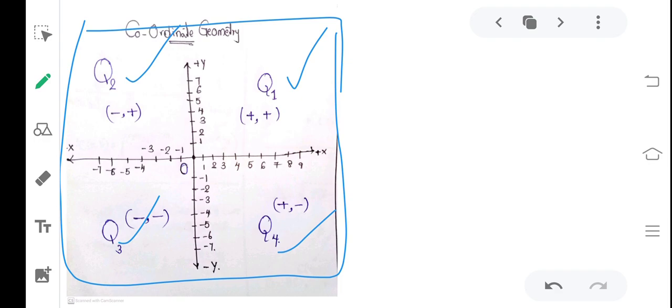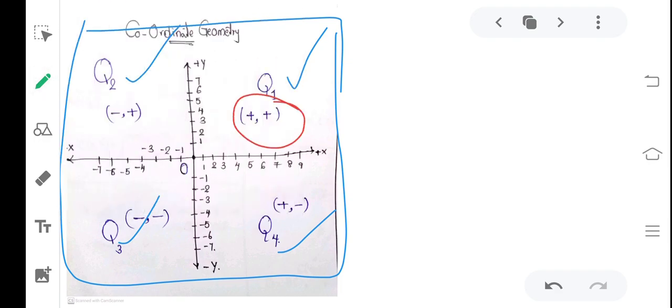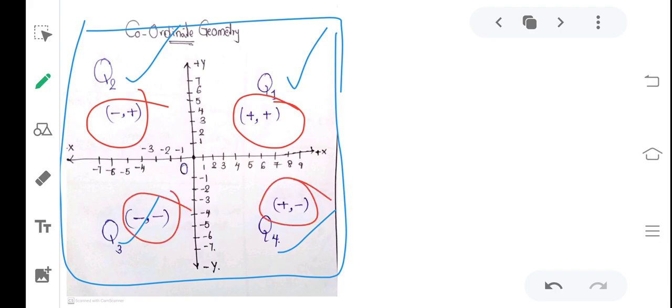Each and every quadrant contains some fixed sign values: plus, minus, minus, plus, minus. Let me explain how it is possible. Before that, I will explain how the quadrants are formed, how we divide the plane into 4 quadrants.